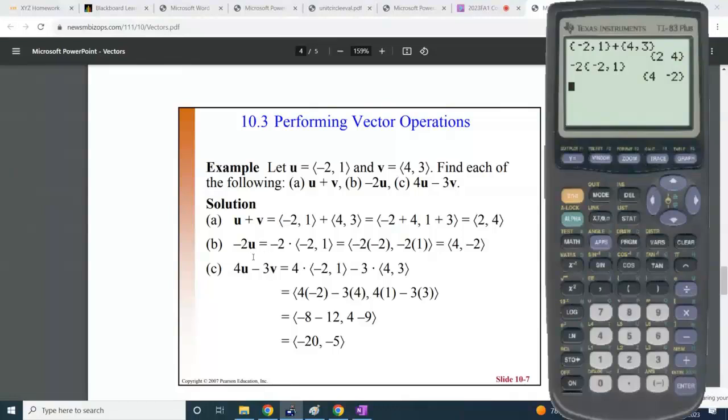And I can do the same thing for C. I can put in 4 times, notice I'm using curly brackets now, not these parentheses. I can put in vector U, which is -2, 1. Close off that vector, minus 3 times vector V, which is 4, 3.